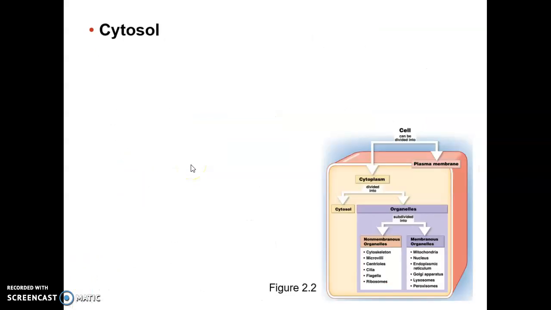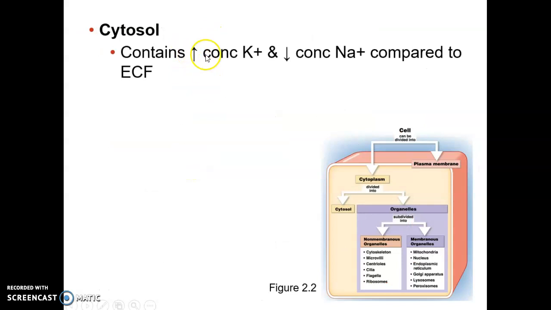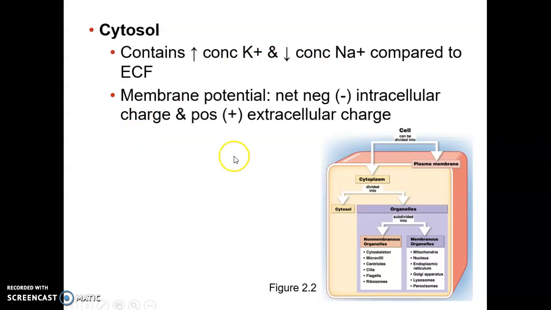Okay? So the cytosol contains, in general, higher concentrations of potassium and lower concentrations of sodium versus the extracellular fluid. Go back and look at that sodium-potassium pump that helps maintain these concentration differences. Because of these concentration differences, there's a resting membrane potential where there's a relatively negative intracellular charge just inside the plasma membrane compared to just outside the plasma membrane, which has a relatively positive charge.